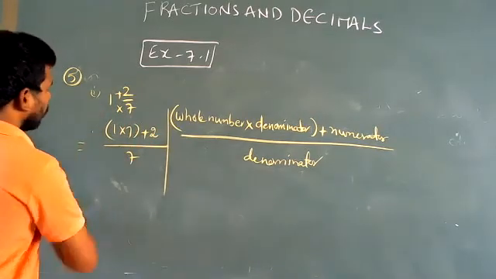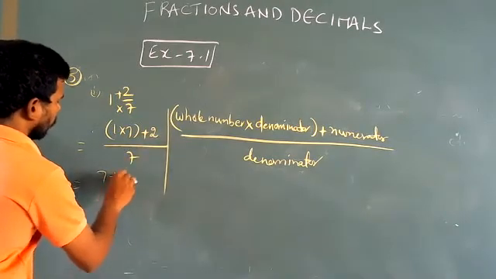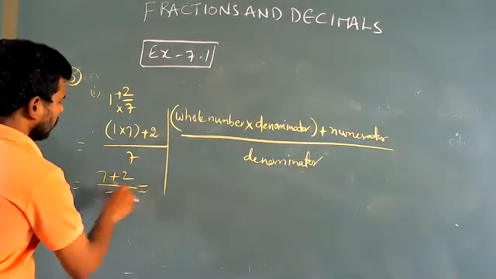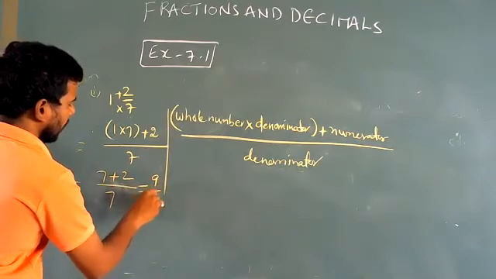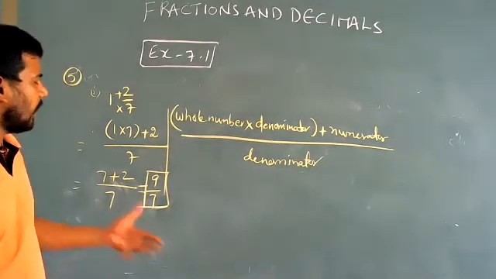Now to continue the process, 1 times 7 is 7, plus 2 by 7. 7 plus 2 is 9 by 7. It is an improper fraction. Why is it called an improper fraction?